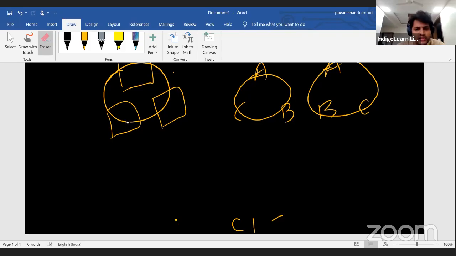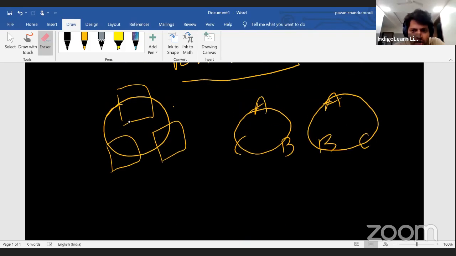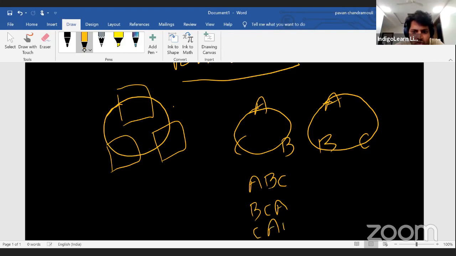The difference in a circular permutation is, if you start reading from A in my first diagram in the clockwise direction, you will get A, B, C. I'm just writing the arrangements below the circle. You start reading from B, you will get B, C, A. If you start reading from C, you will get C, A, B, because in a circle, there is no start, there is no end.